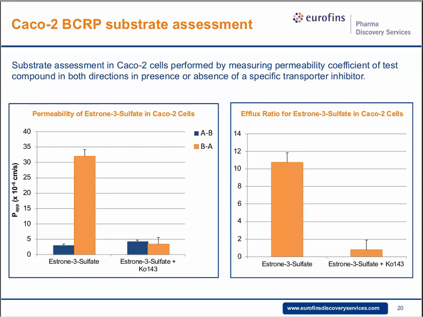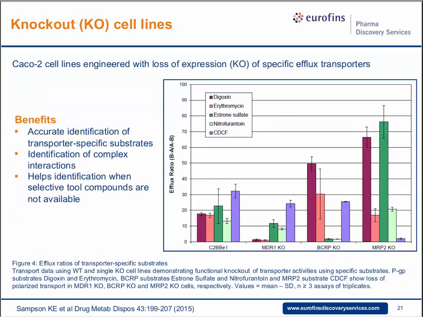However, when a specific BCRP inhibitor, KO-143, is added, the permeability in the A to B and B to A directions are closer to each other, and the B to A to B efflux ratio, which in the absence of inhibitor is above 10, now decreases to a value close to 1. So again, this is a nice model for looking at the activity of these efflux transporters, provided one has a specific inhibitor for the transporter of interest.